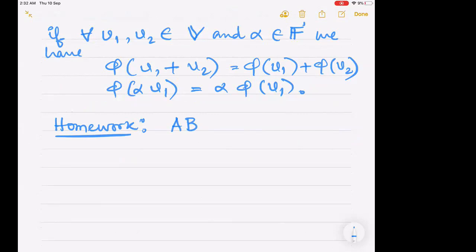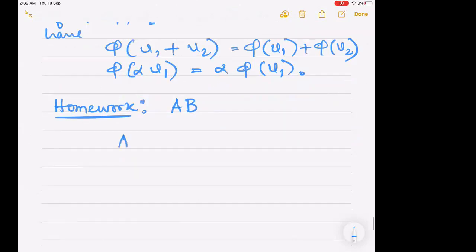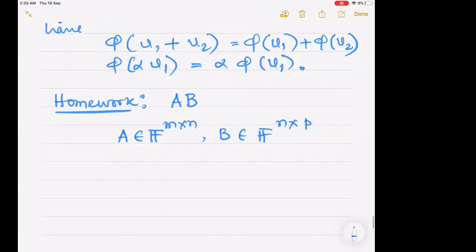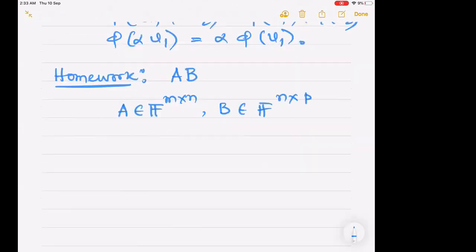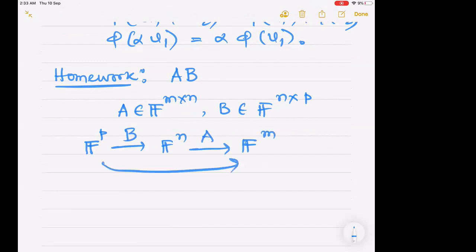You can check that if A is a matrix in Fm cross n and B is a matrix in Fn cross p, this product is the composition of two maps: first from Fp to Fn by multiplication by the matrix B, then multiplication by the matrix A. This composition is in fact the product AB.